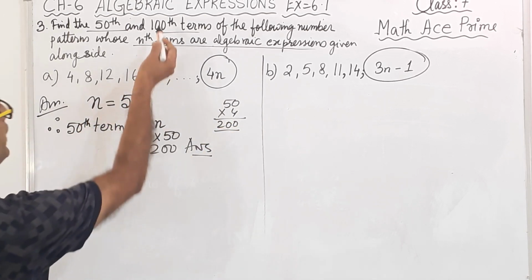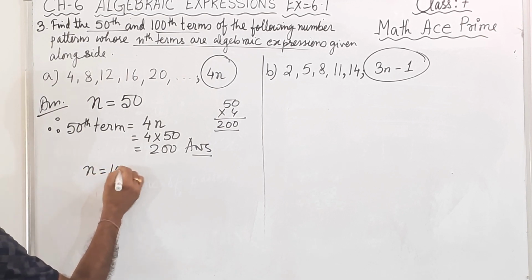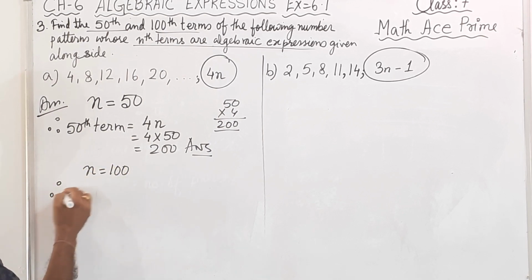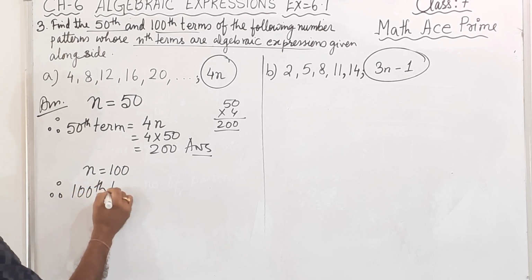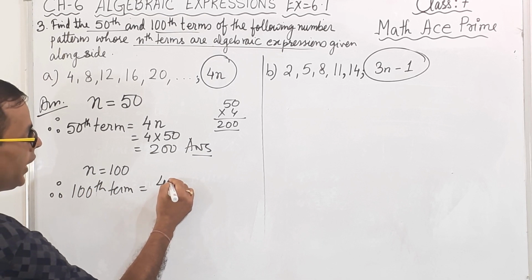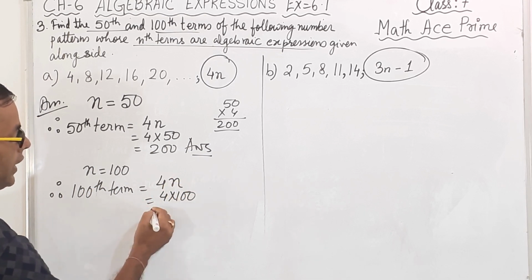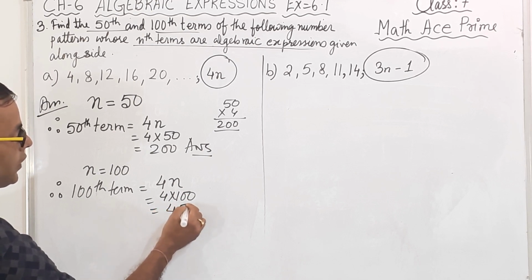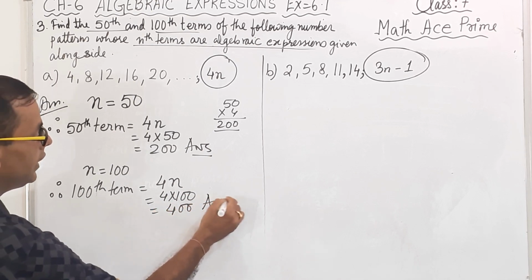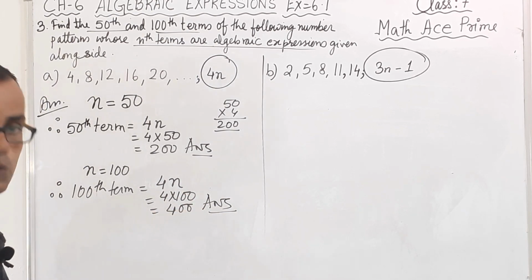Now we have to find the 100th term, the second part. So n is equal to 100. Therefore the 100th term will be, with the same formula 4n, that means 4 into 100. How much comes? 400, and this is the answer. So 4 into 100 is 400.